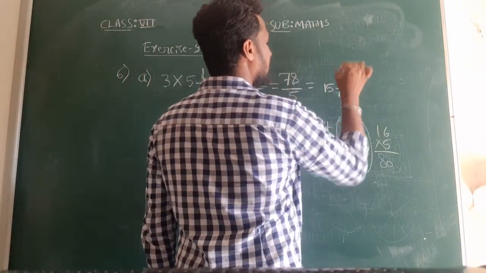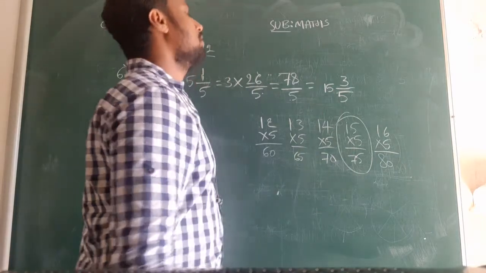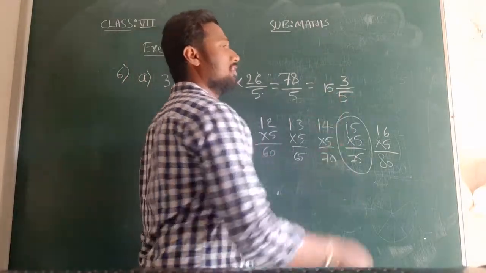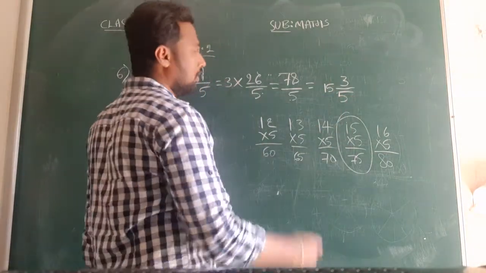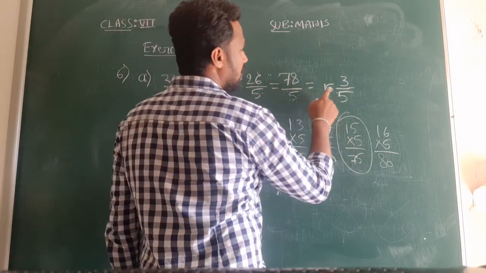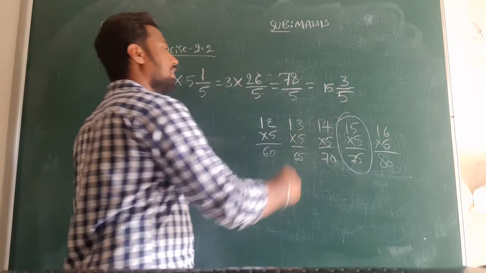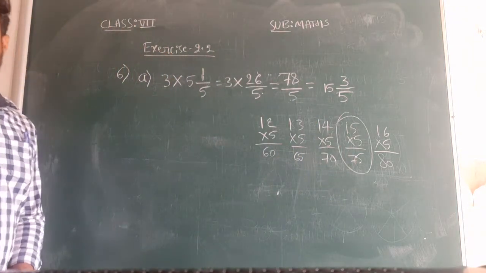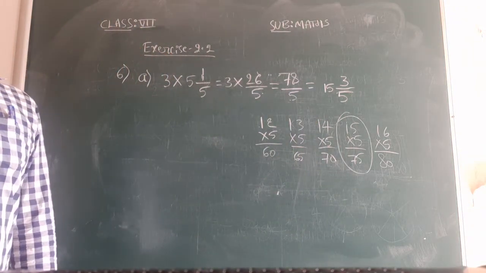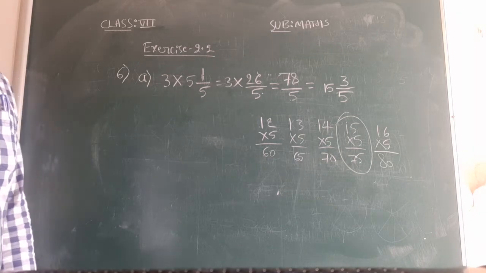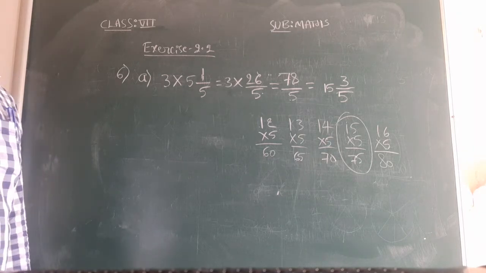So I will add 3 to this 75. So 15 and 3 by 5, this is the mixed fraction. If you convert this, 5 into 15, 75, 75 plus 3, 78. 78 divided by 5 we will get. Okay? Like this you have to solve this sixth main question.